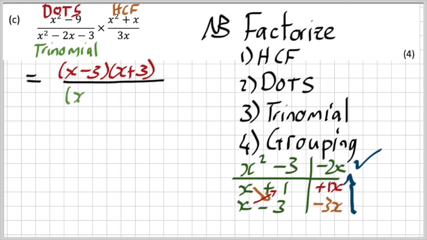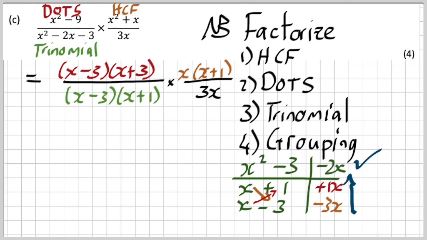Yes! So therefore, I'm going to put it in my sum. Next up, I've got the highest common factor in the numerator, which is x. Remember, if I take x out of x, I'm left with 1. And then that poor little 3x that I didn't do anything with.